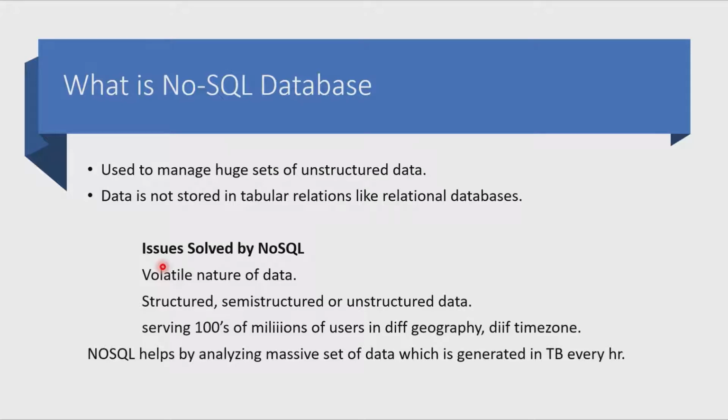Suppose the requirement changes all of a sudden, and we want more information like the class, the section, and the subjects for which the student is enrolled. If you are using a structured or relational database, you will have to modify your table. And suppose it keeps on changing every now and then.